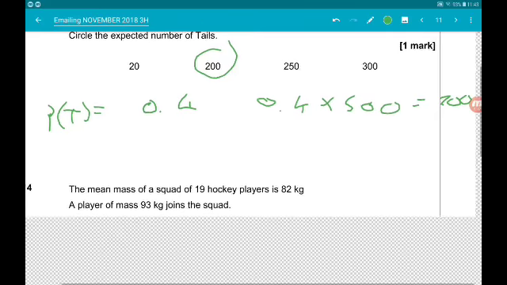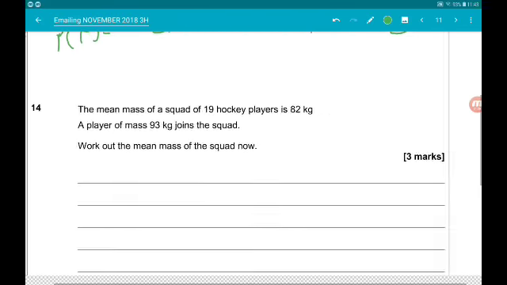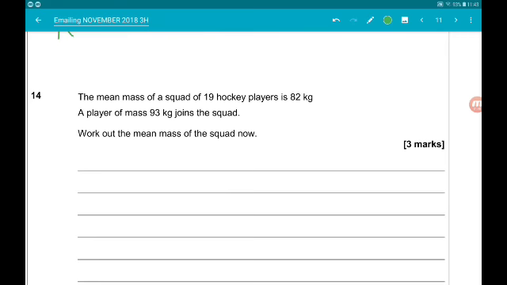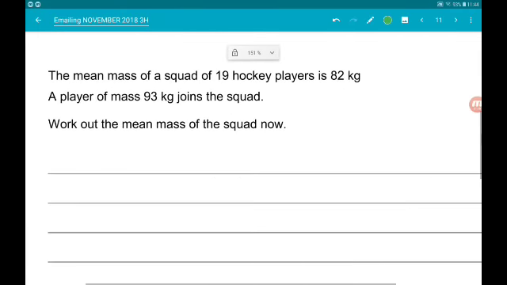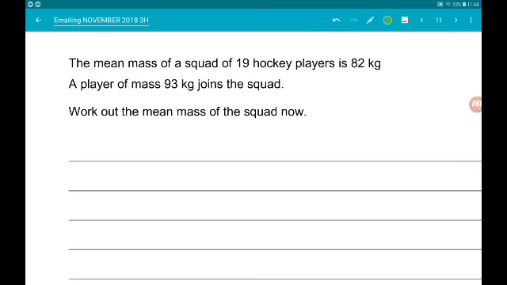Cool. Okay, 14. Right, here then we have reverse mean. So I've got a couple of videos on this down below. So, for 3 marks, the mean mass of a squad of 19 hockey players is 82 kilograms. A player of mass 93 kilograms joins the squad.